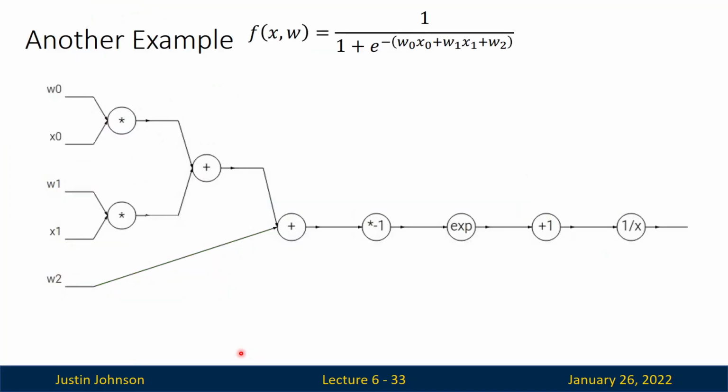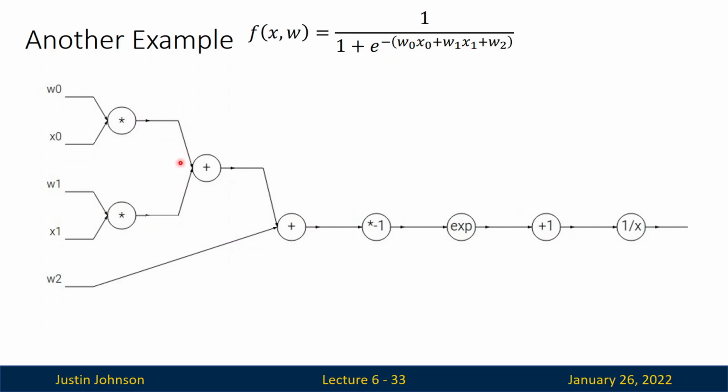So this is another example. We have this equation, and because it's w0 times x0 plus w1 times x1, there is a multiplication operator for w0 x0, another multiplication operator for w1 x1, and then we sum them up with an additional w2.